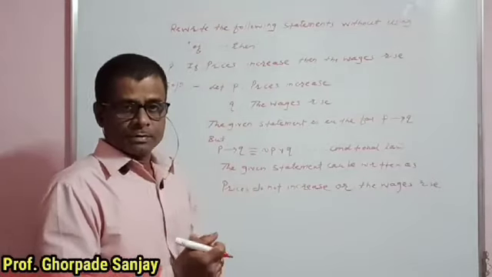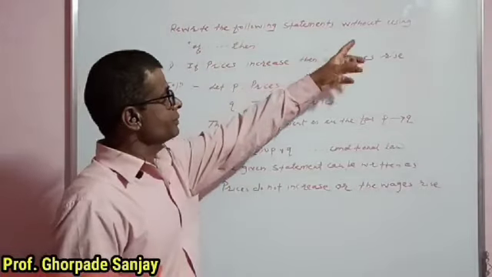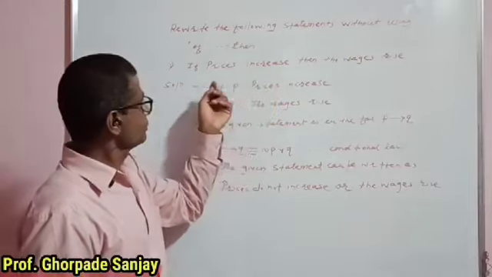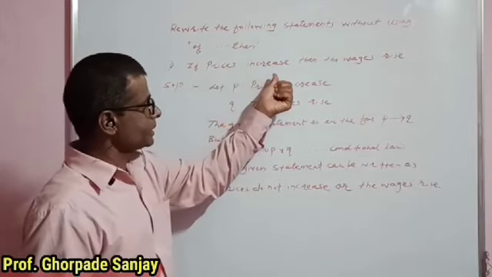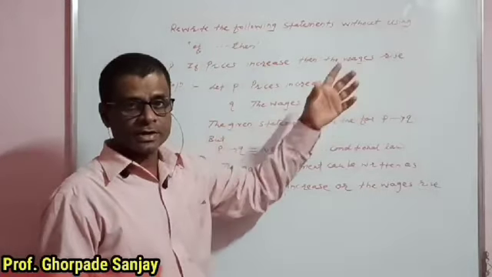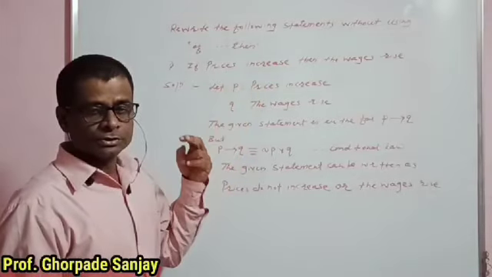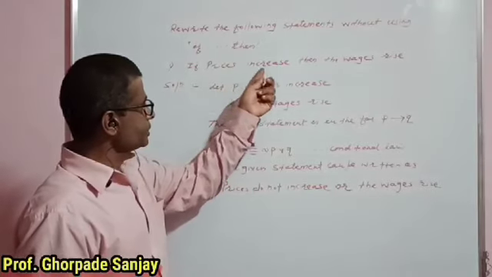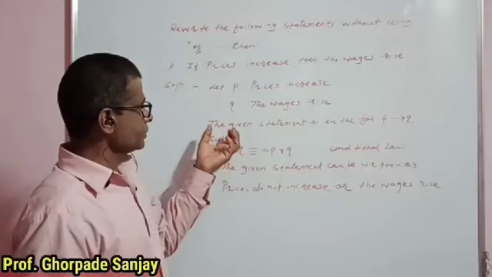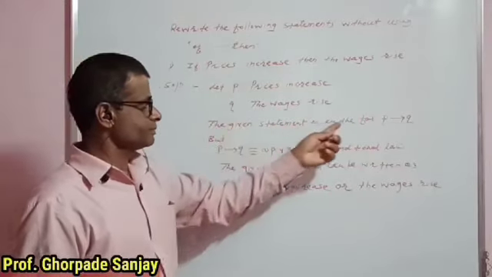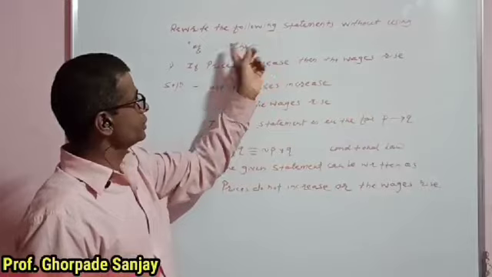Now take the next example. The question is like this. Rewrite the following statements without using if then. So the example is like this. If prices increase, then the wages rise. So let us split this conditional statement into the two simple statements. Statement P, prices increase. Statement Q, the wages rise. So therefore the symbolic form of the given statement is what? It is P conditional Q. Now you have to rewrite this without using if then.